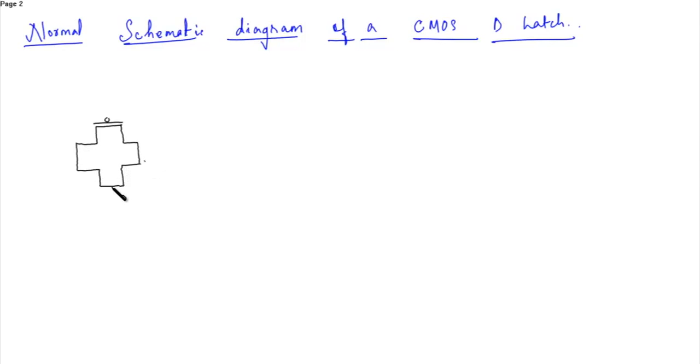This is C and this is C bar, input D, and this is the output.